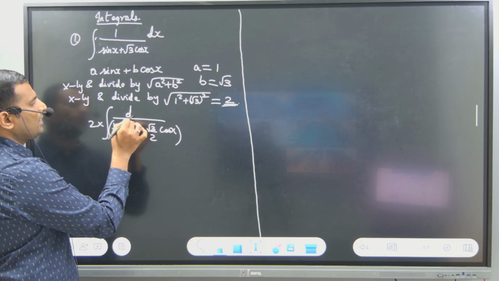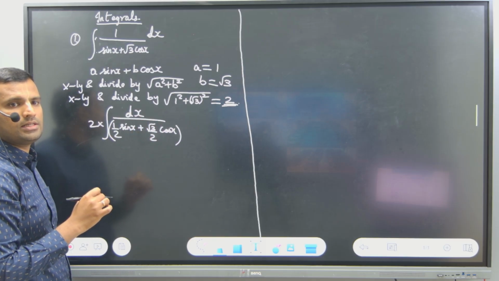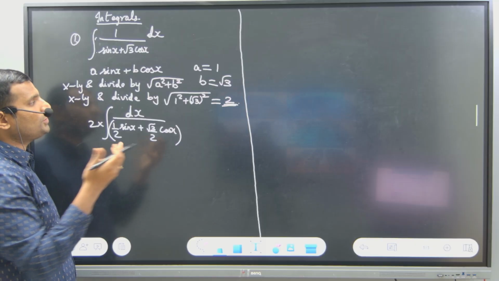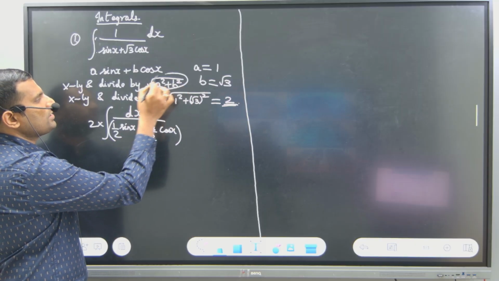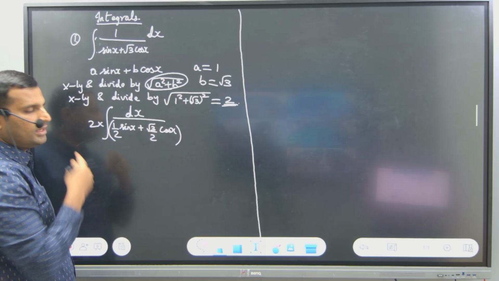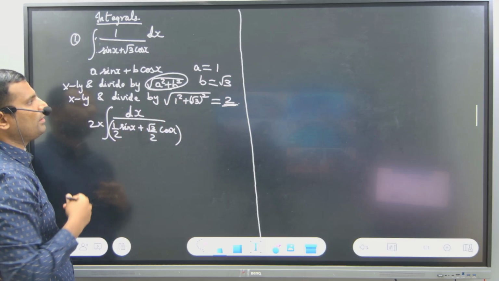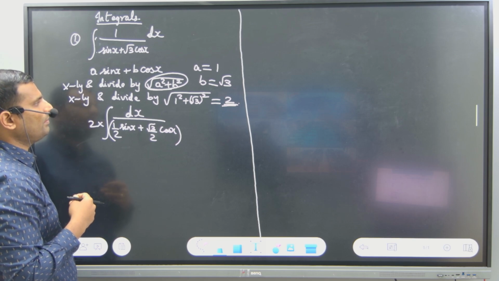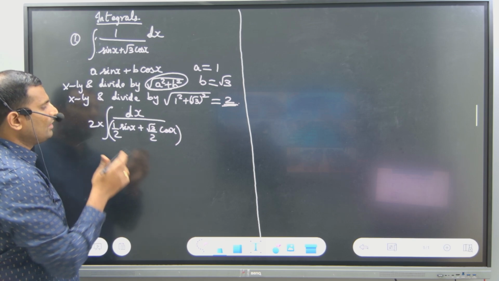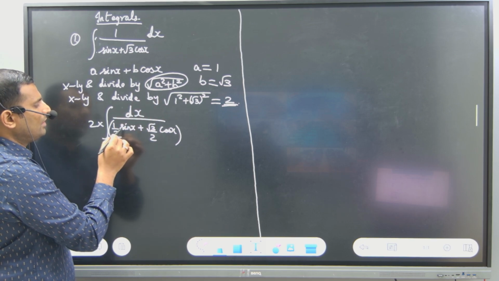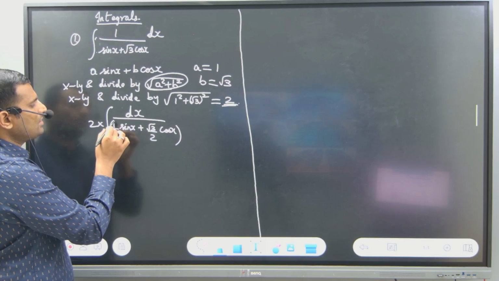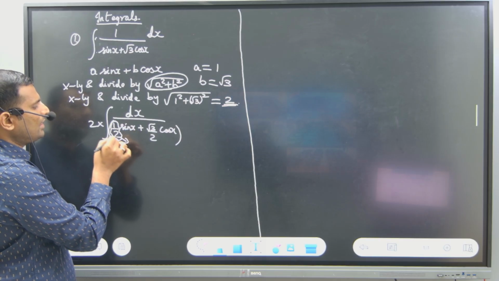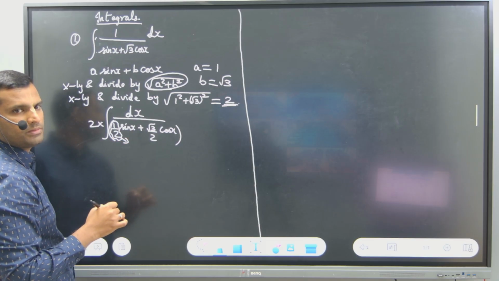Did you understand this step? Yes, sir. Now why should you multiply by root a square plus b square? Any idea? Why should you divide by root a square plus b square? Because now when you do that, is this looking like sine 30? Yes or no?